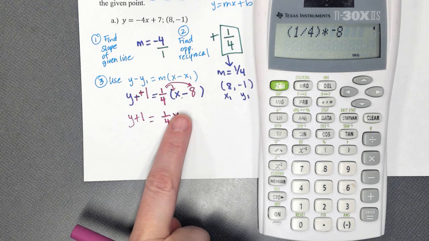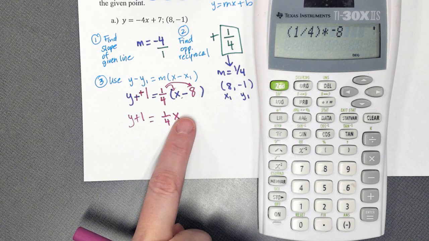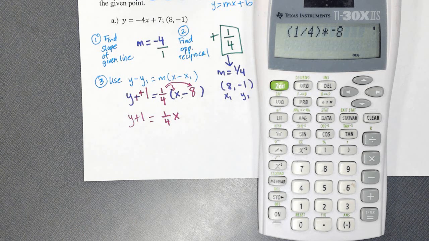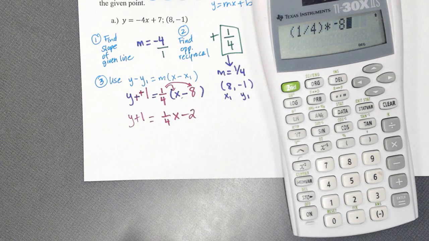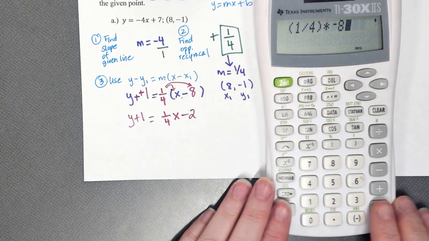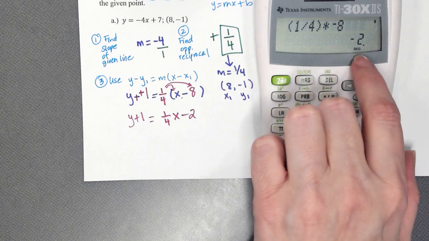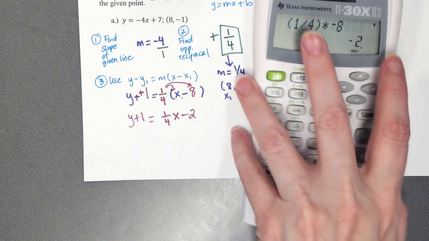Okay, and then Stacy, let me know what you get from that calculation. Good. Okay, so if you have -2, put the -2. It'll always stay exactly with what that is.